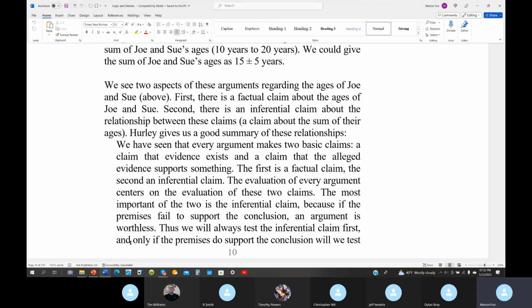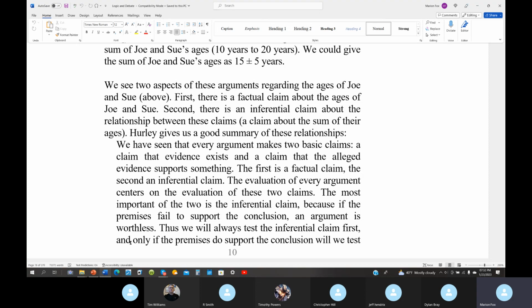Then we had two factors that can make it right or wrong. We had to use the proper process, which in our case was addition, and we had to use the right or correct ages. We had to have accurate information.